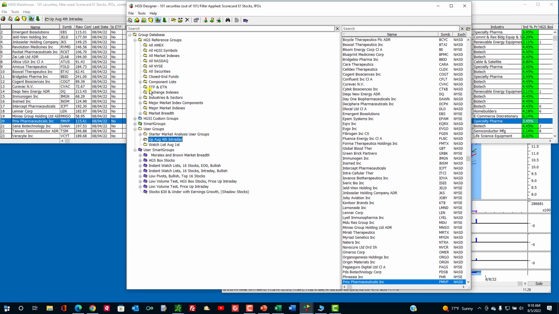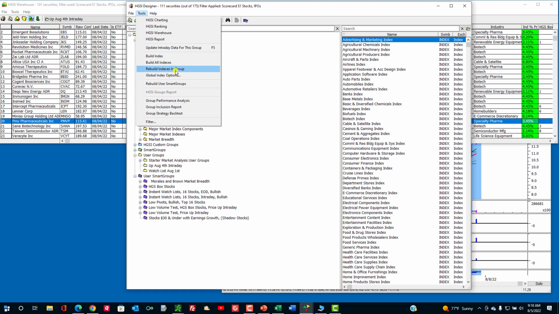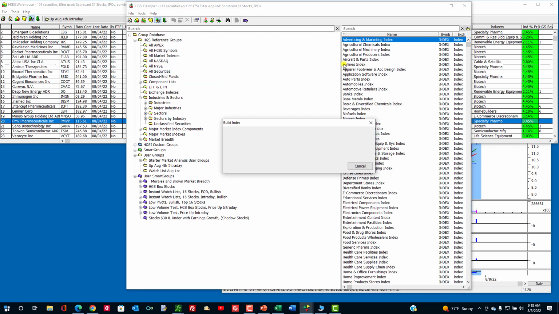First of all, I'll start with the industry groups, and I'll rebuild them because this will tell us where the strength is in this market. Even though the market gapped down, it is coming back strongly, as you saw. Of course, the day isn't over yet. It's early.